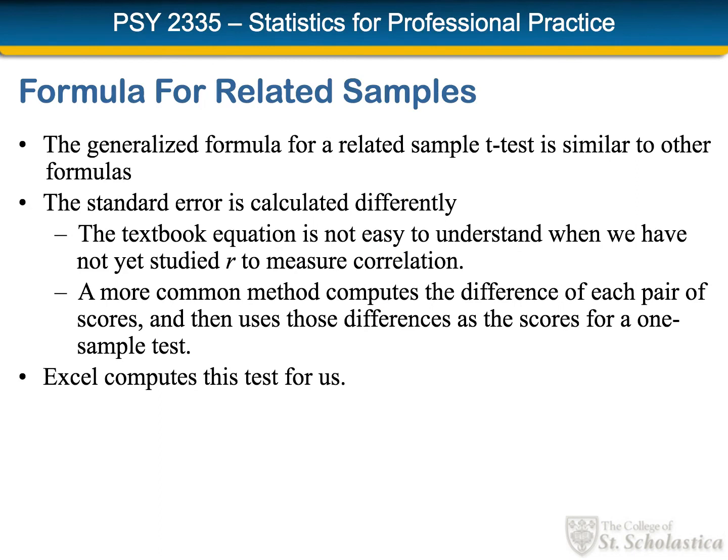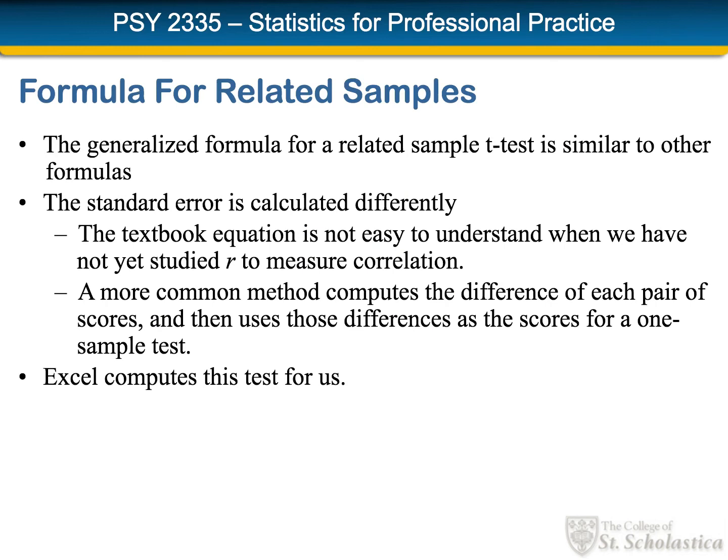Our textbook gives us a very strange equation for the denominator of the related sample t-test. The most common procedure is simply to compute the difference score for each pair of scores in the data. So for instance, if I had a pain value before knee surgery and a pain value 3 months after knee surgery to see if the surgery was actually improving student pain, I would compute one difference score for each person rather than keeping all of their time 1 and time 2 data, unless I was working with Excel.